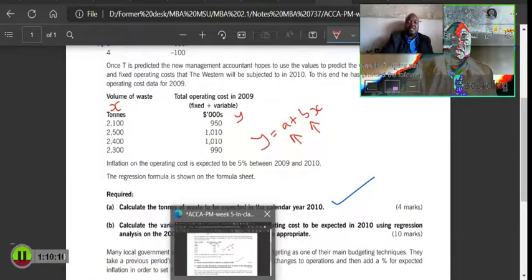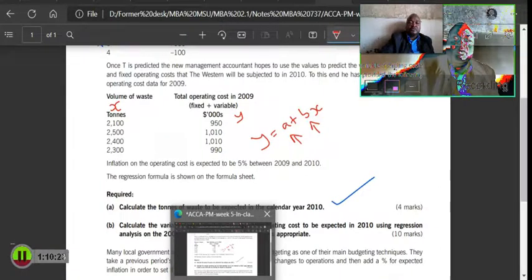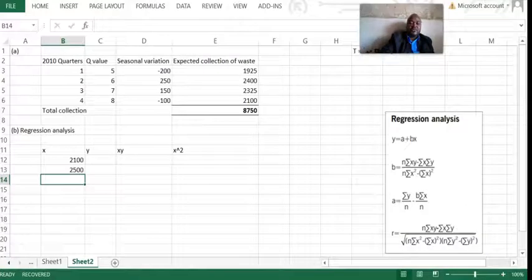Okay, so if we get back to the question, we can see that we need our x, the terms, that is 2.1, 2.5, 2.4, 2.3.